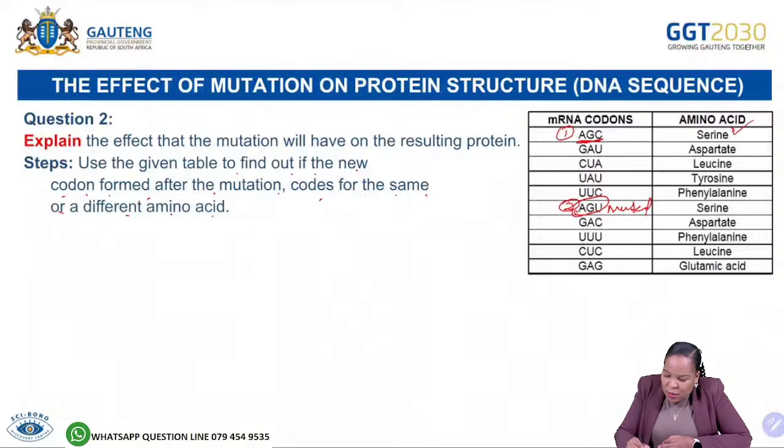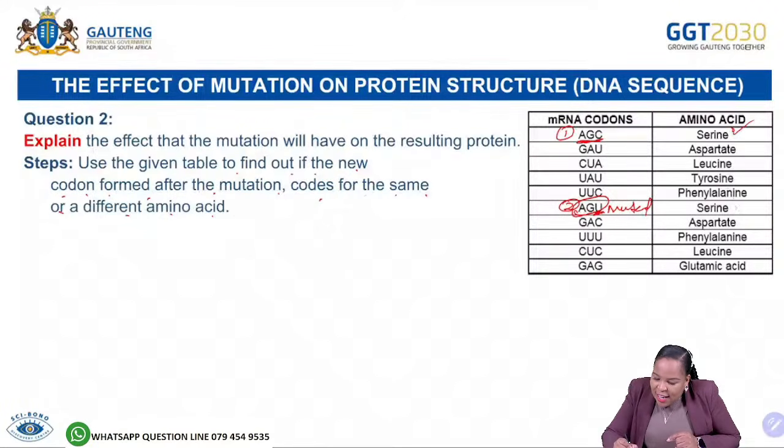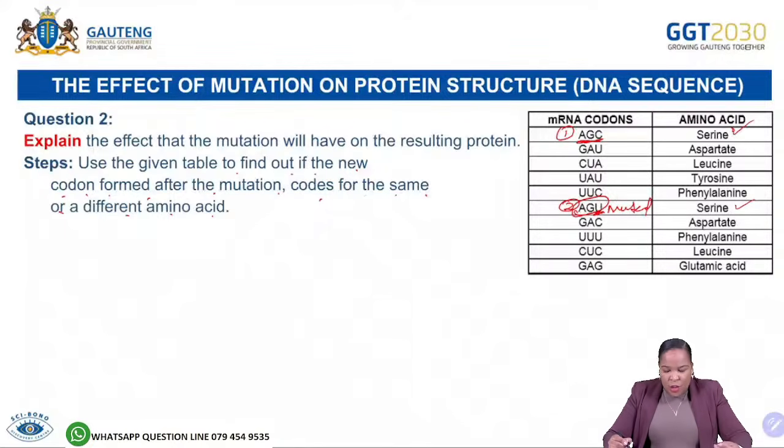AGU. Remember, the C was replaced by U. However, what you find here is it still codes for the same serine. But in other cases, you may have a case where when the mutation occurred, it coded for a different amino acid. Therefore, you are going to write the name of that amino acid.